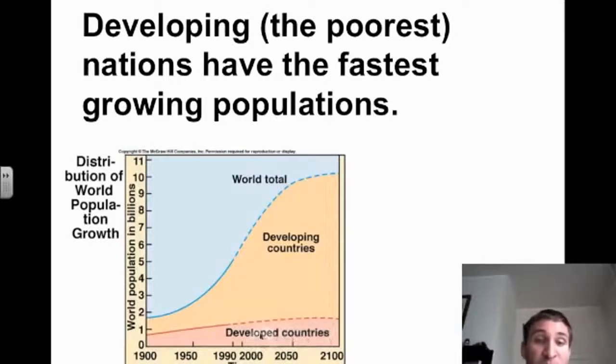And you see in pink, developed countries are not expected to grow in population very much over the next many years. However, in tan, light brown, you see the developing countries of the world are expected to grow rapidly. And by 2100, we'll have 10 billion people in the world. Right now, we have about 7 billion people.